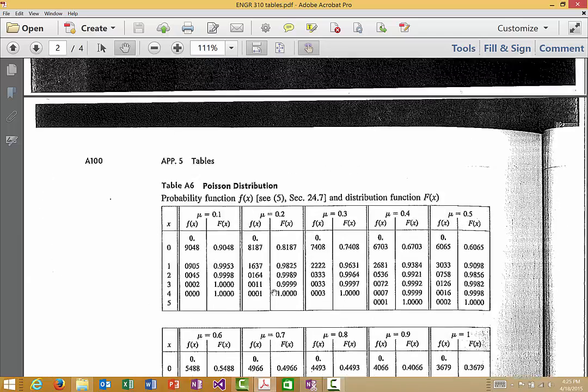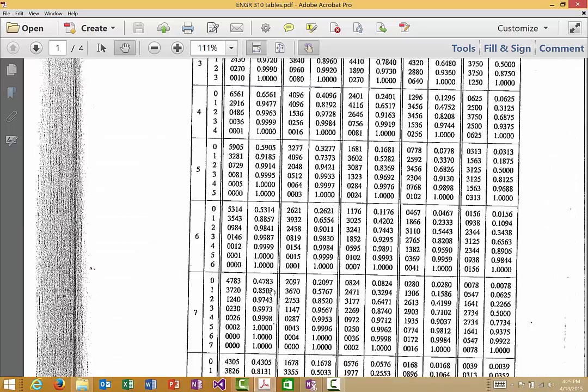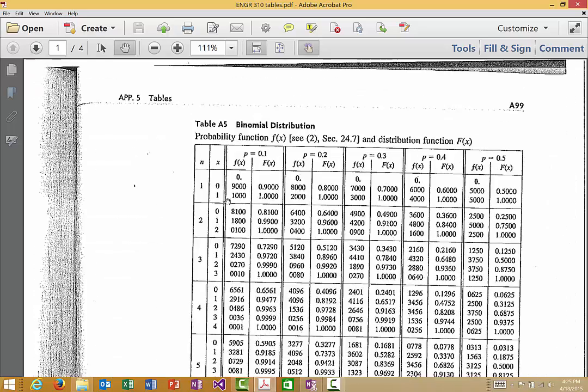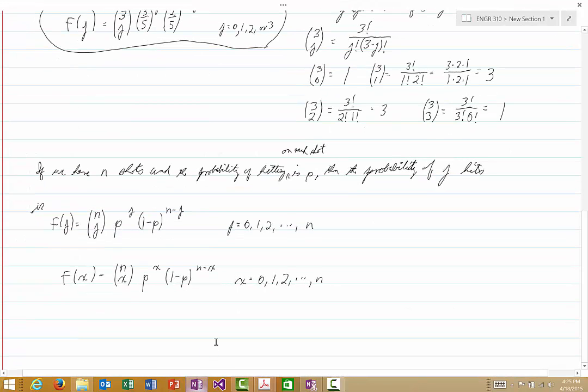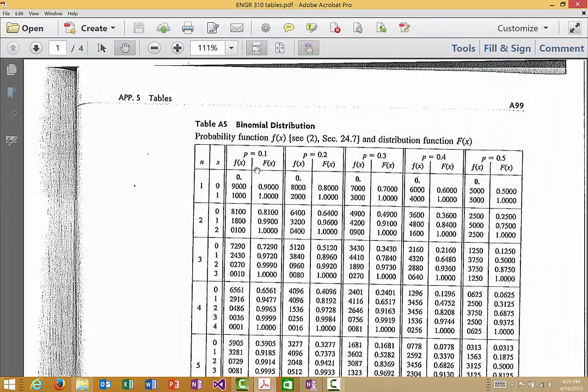And now notice for the binomial distribution, just to show you how this all fits together, remember the binomial distribution looks like this: f of x equals n choose x, p to the x, 1 minus p to the n minus x. And here you have a table of values of the binomial distribution for various values of p, n, and x.